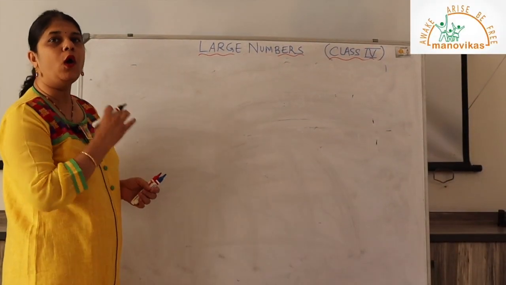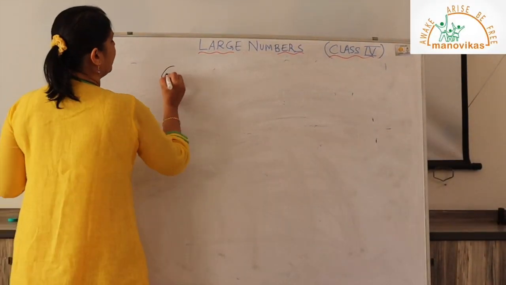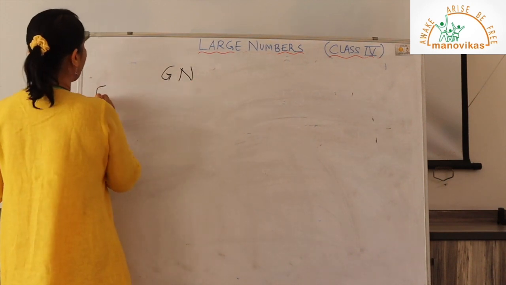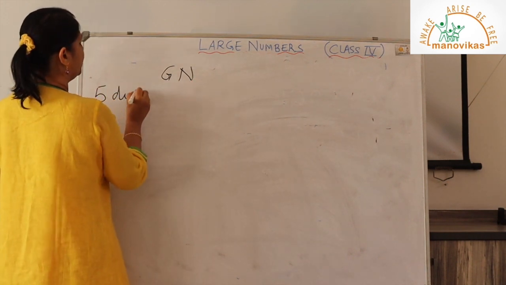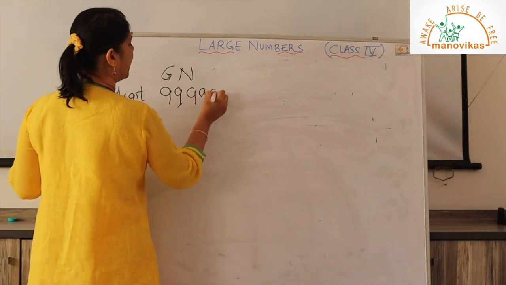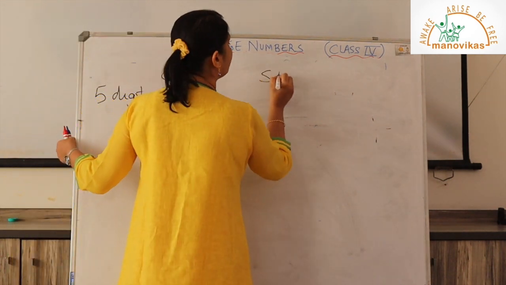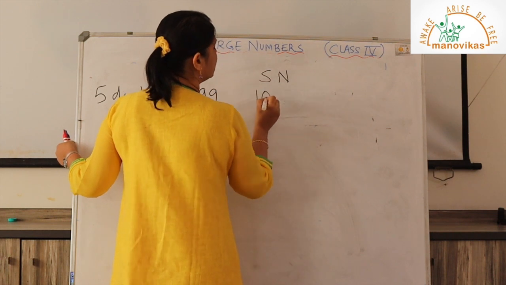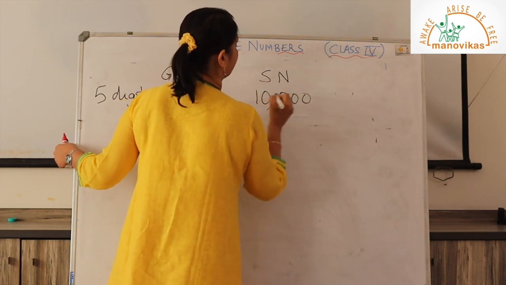By now we all know that the greatest 5-digit number is 99,999 and the smallest 5-digit number is what? 10,000, right?